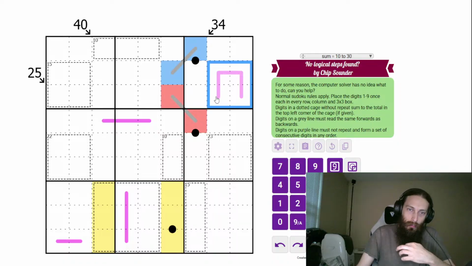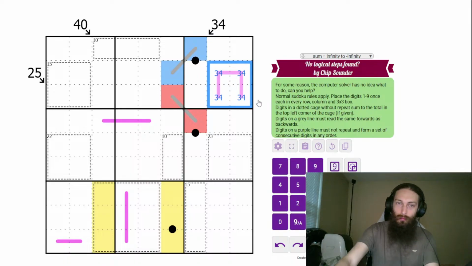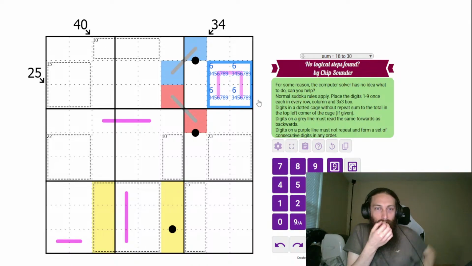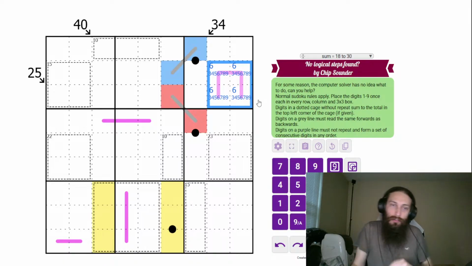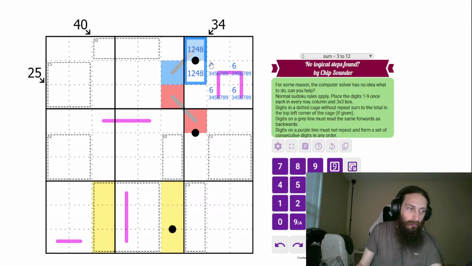Because if it did, the dot here would be broken. How are you doing today, Tallcat? 3, 4, 5, 6, 7, 8, 9. So a 6 is required, which actually helps us quite a bit. Because this is now 1, 2, 4, and 8.